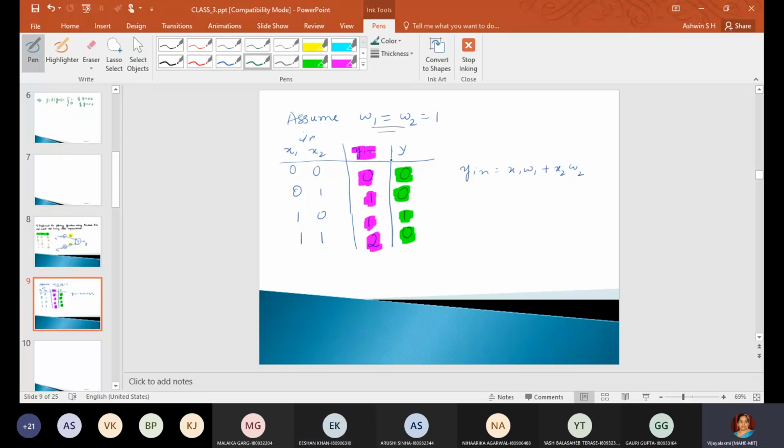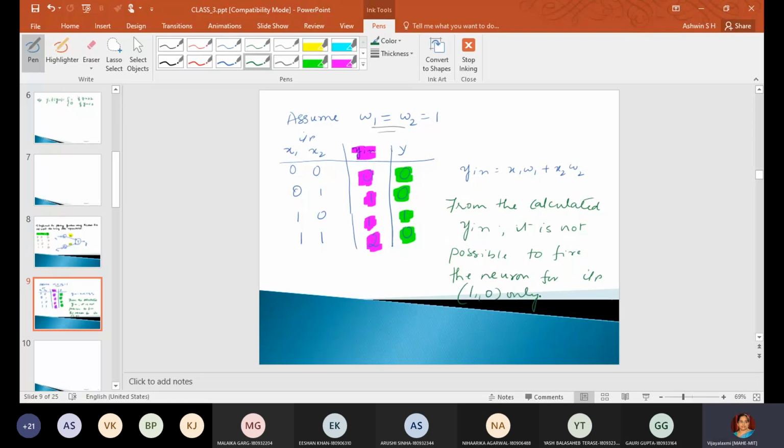So I'll write here: from the calculated y in, it is not possible to fire the neuron for input 1 0 only.